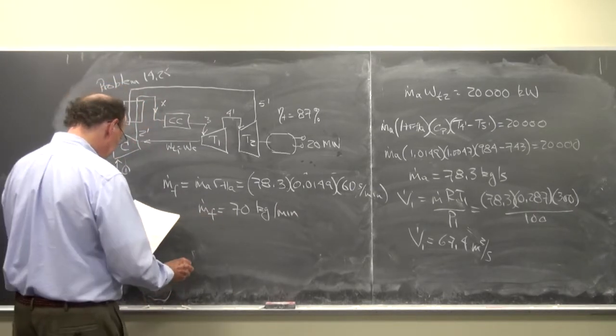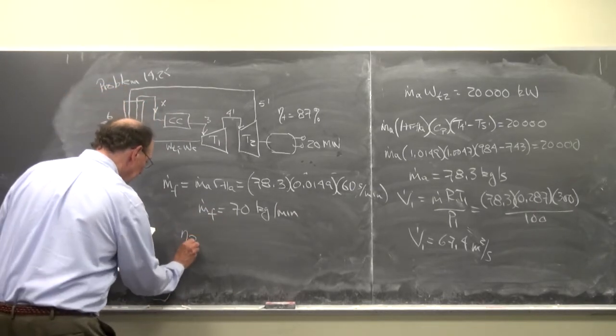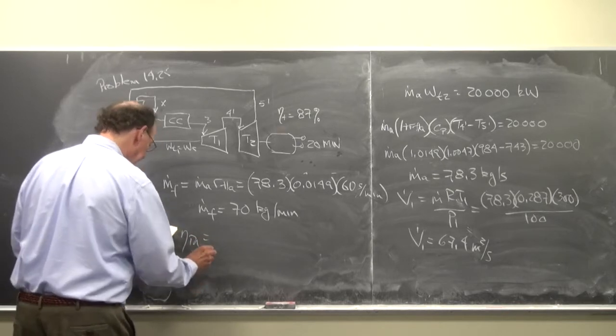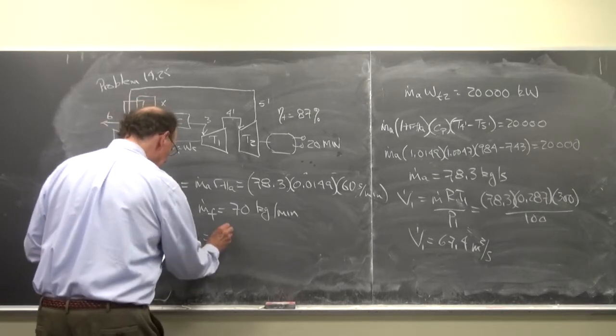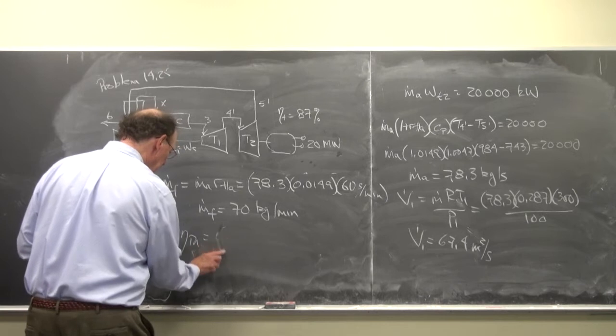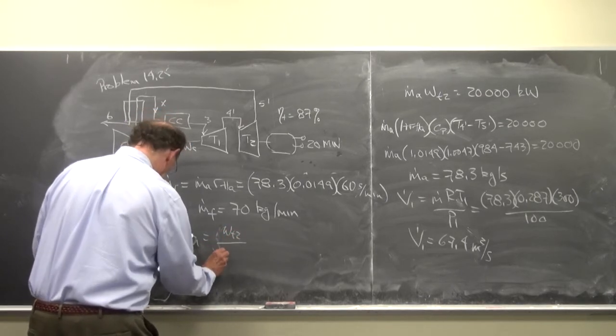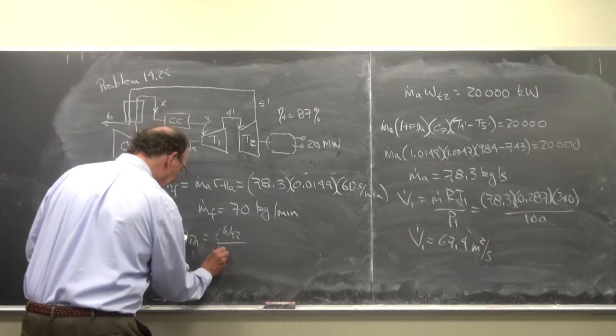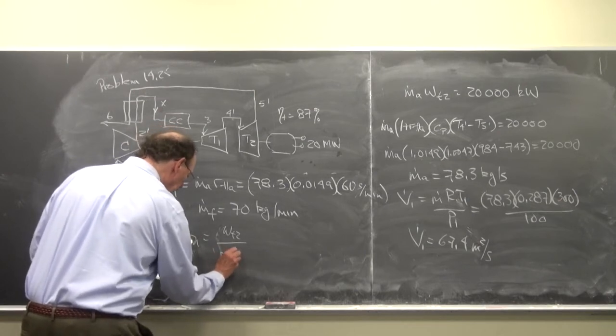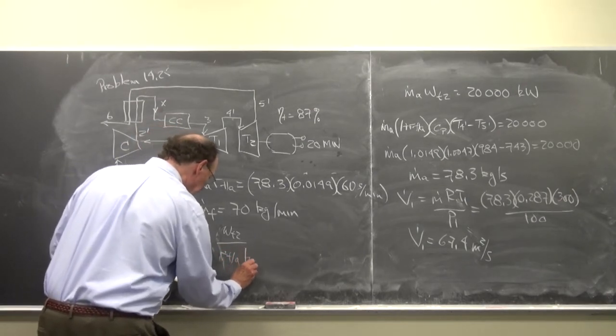The thermal efficiency is WT2 over m dot F, or RFA, times H sub RP.